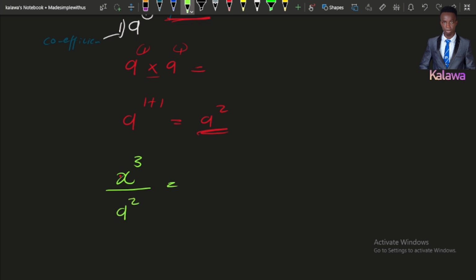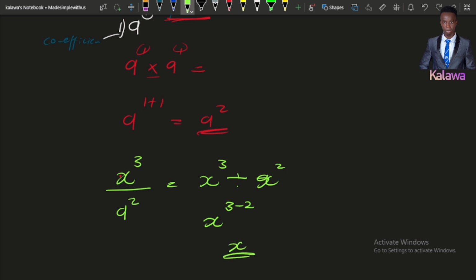Another rule of our indices states that whenever the bases are the same and there is a division sign separating the bases, we take one of the bases, which is x, and we subtract the powers. So this is 3 minus 2. So the answer now is x.